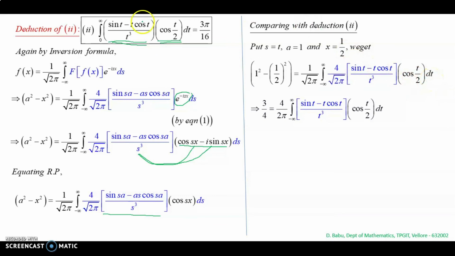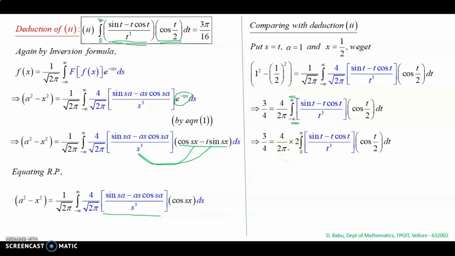So now again, look at the limits. Here the limit we need is 0 to infinity, but here the limit is minus infinity to plus infinity. Therefore, we change minus infinity to plus infinity into 0 to infinity. Note that this is an even function. Therefore, minus infinity to plus infinity can be written as 2 times 0 to infinity.